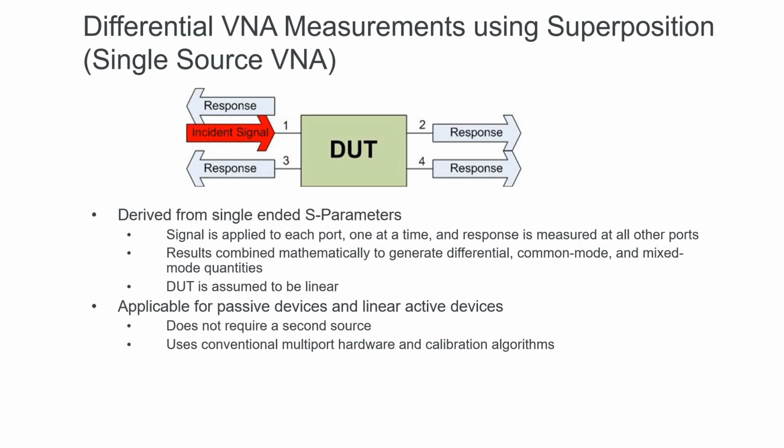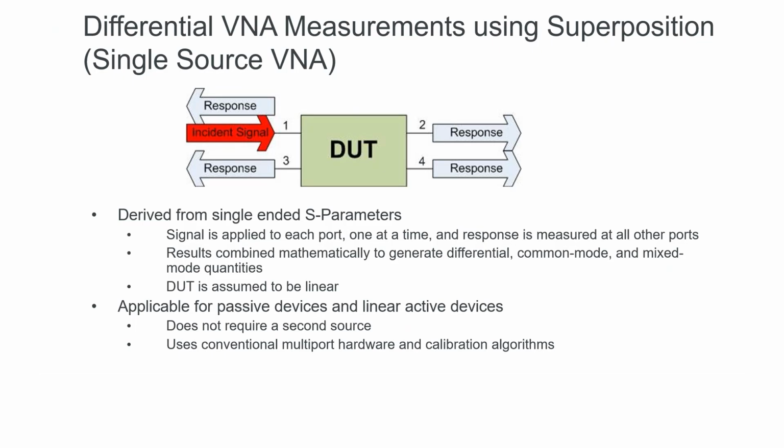So superposition is what we use to take the single-ended S parameters and convert them to differential S parameters. The way superposition works is we're applying an incident stimulus one at a time to each port via a switch matrix that's part of the VNA system, and measuring the response from all of the ports simultaneously.